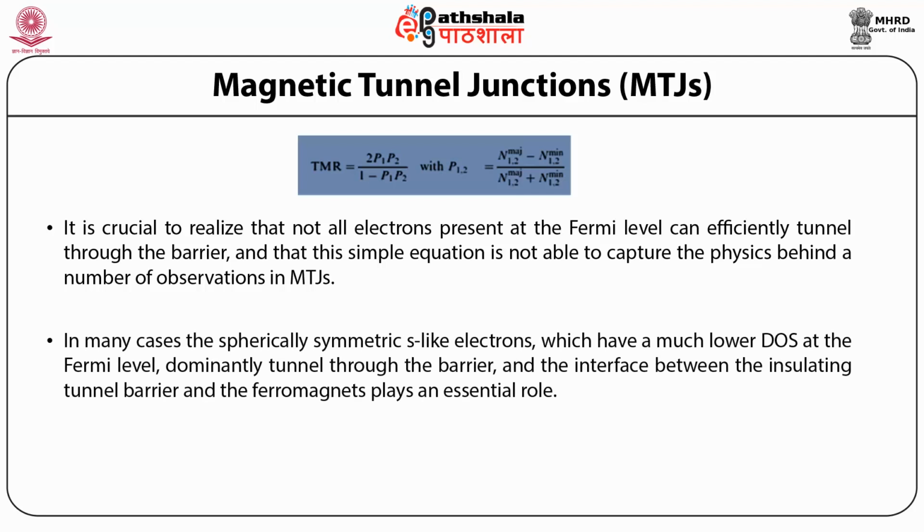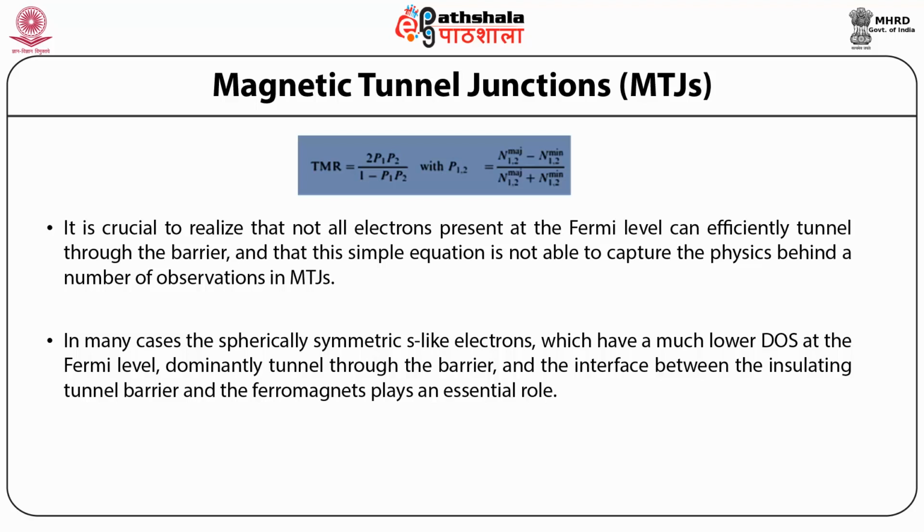In many cases, spherically symmetric s-like electrons, which have a much lower density of states at the Fermi level, dominantly tunnel through the barrier, and the interface between the insulating tunnel barrier and the ferromagnets plays an essential role.